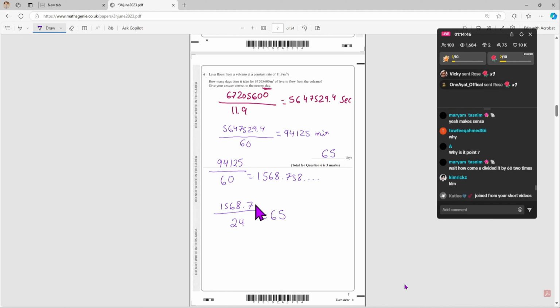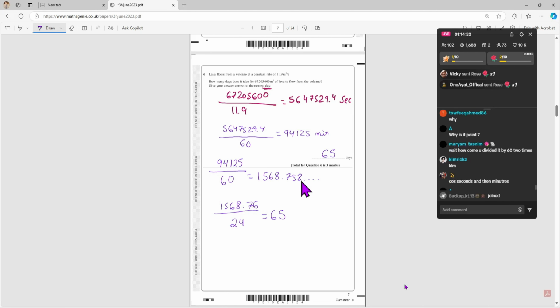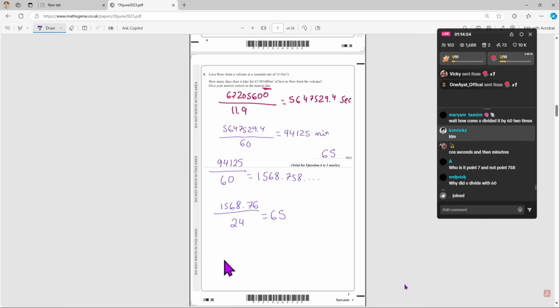It doesn't have to be 0.7. You can do 0.76, but the point is that you divide it by 24 to get a long answer, and then you have to round this number into a whole number, into a whole day.